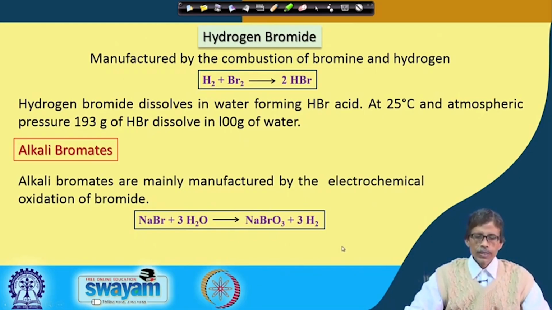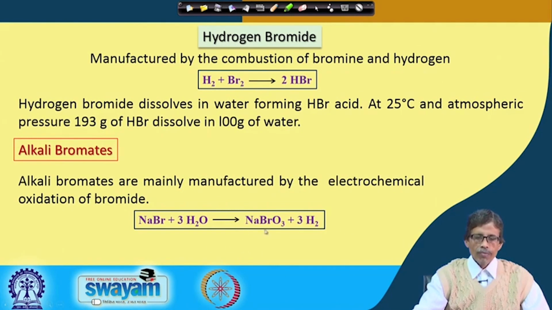So, the disproportionation reaction, that means the electron transfer reaction, is very much feasible for elemental bromine, giving you this particular bromate salt, and when we use direct combination with hydrogen, we get HBr and its corresponding alkali bromide salt.